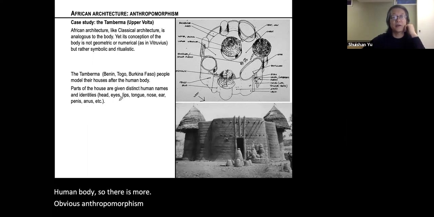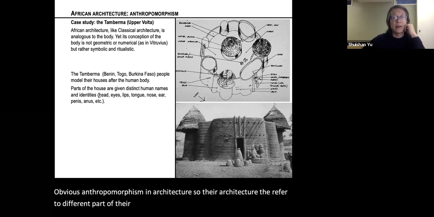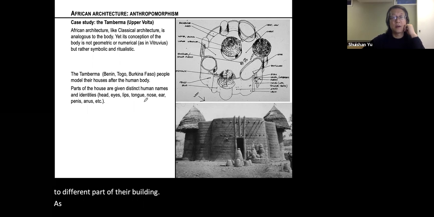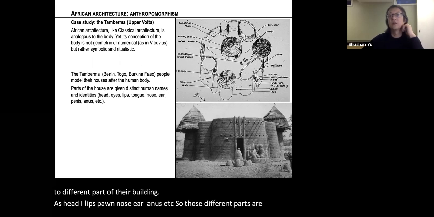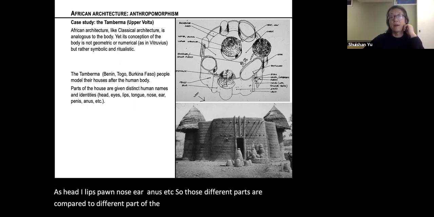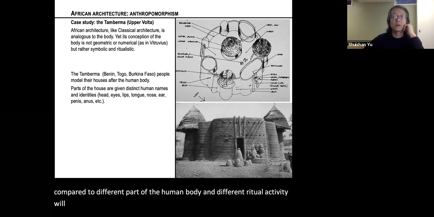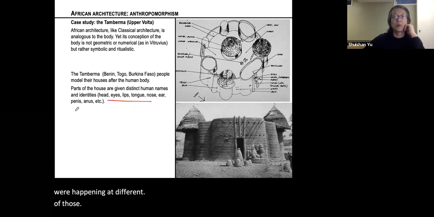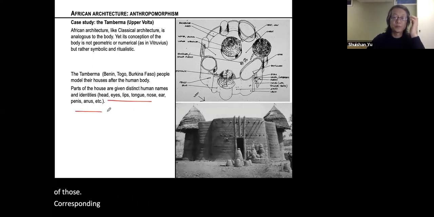They refer to different parts of their building as head, eye, lips, tongue, nose, ear, penis, anus, etc. So those different parts are compared to different parts of the human body, and different ritual activities were happening at a different part, corresponding to that part of the human body.